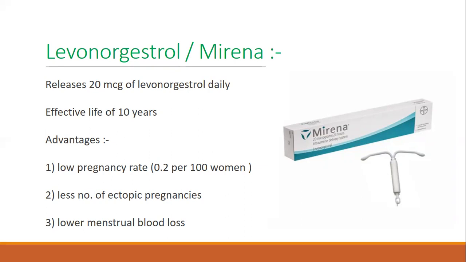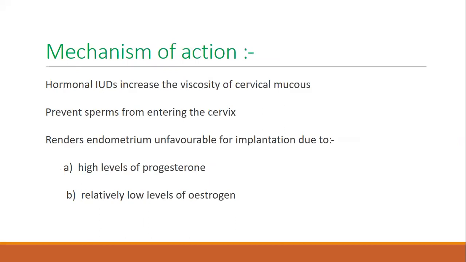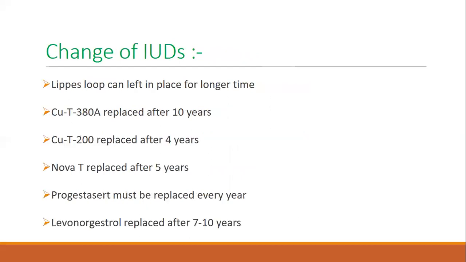Advantages are a low pregnancy rate, 0.2 per 100 women, fewer ectopic pregnancies, and lower menstrual blood loss. Mechanism of action of hormonal IUDs: they increase the viscosity of the cervical mucus, prevent the sperm from entering the cervix, and render the endometrium unfavorable for implantation due to high levels of progesterone and relatively low levels of estrogen.